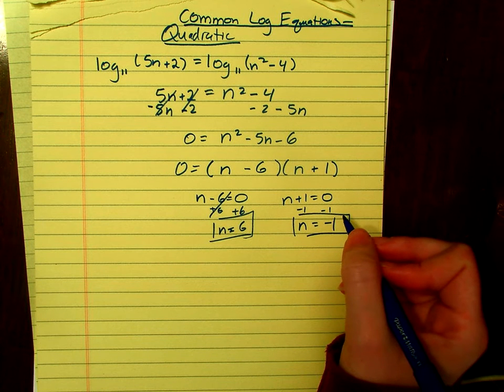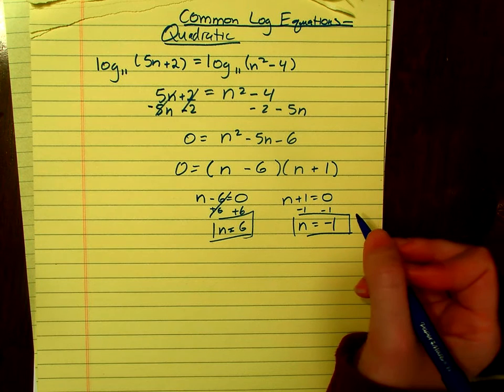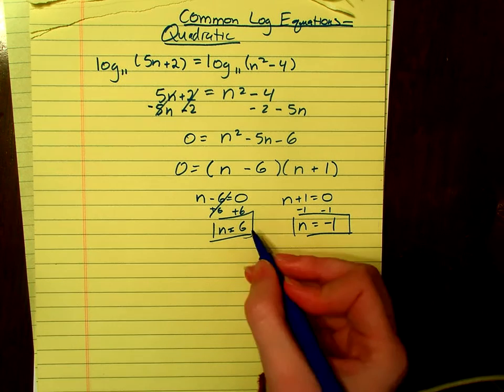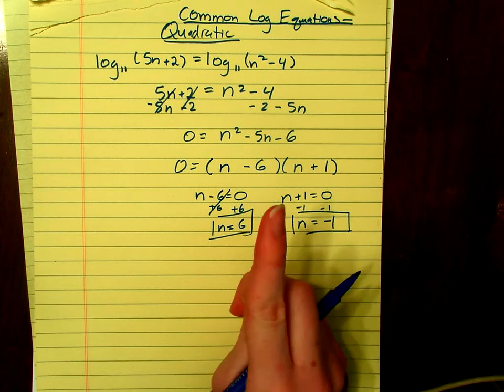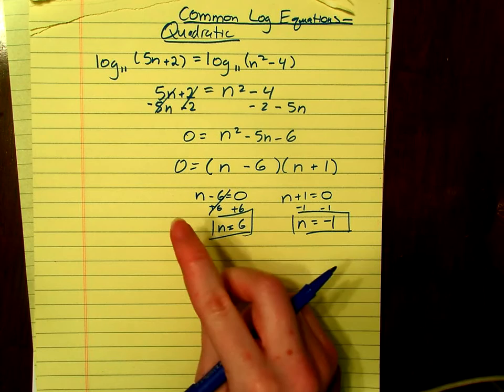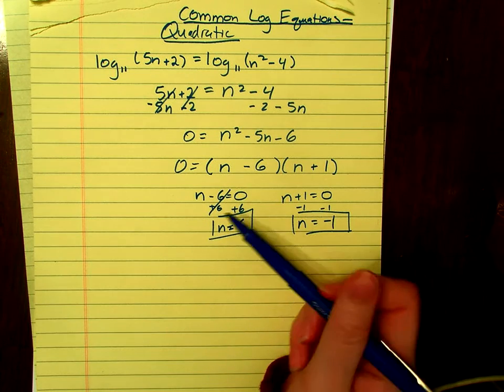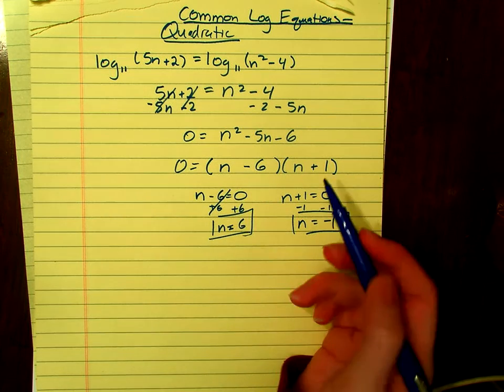Now I've got to determine which of these is the solution that I want to go with, because it's not going to be both. It actually will have sometimes just one solution. What we've got to do is check if it's valid when I plug into this.